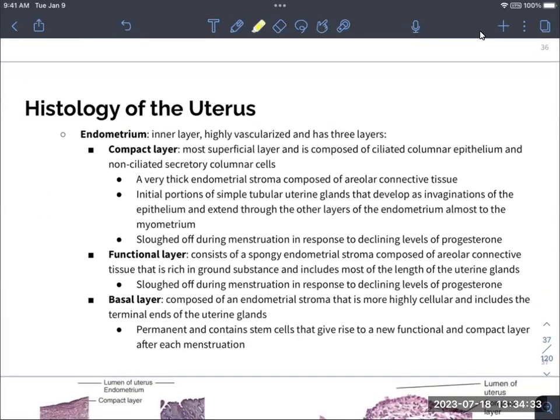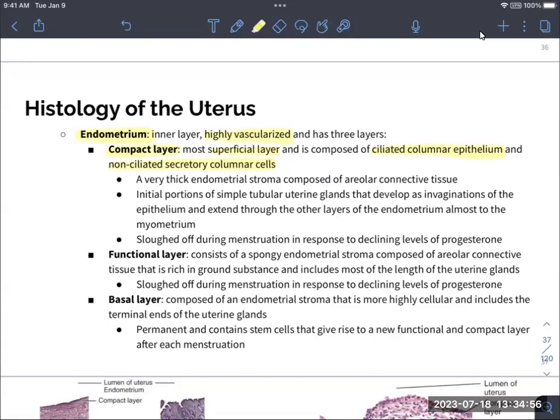Now, the endometrium, that's the innermost layer. It's very highly vascularized, and we have many layers to it. We have a compact layer, again, superficial cells. These are ciliated columnar epithelium and non-ciliated secretory columnar epithelium.